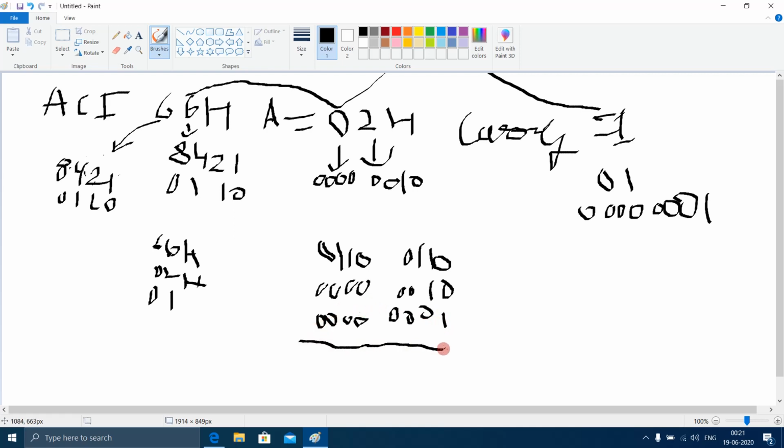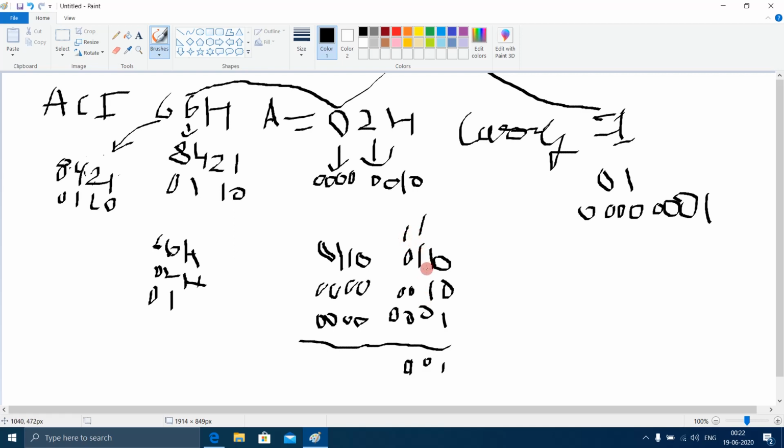So the result will be: 0 plus 0 is 0, 0 plus 1 is 1, 1 plus 1 is 0, carry 1. So 0 plus 0 is 0, carry 1. 1 plus 1 is 0, carry will be 1.